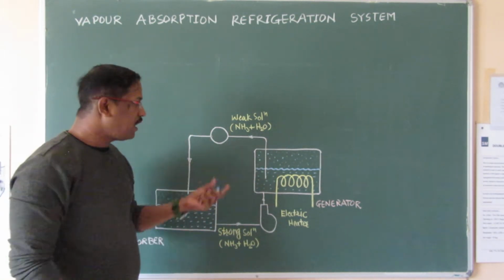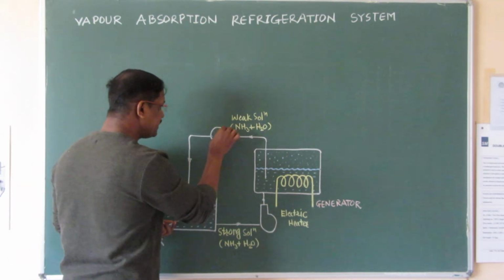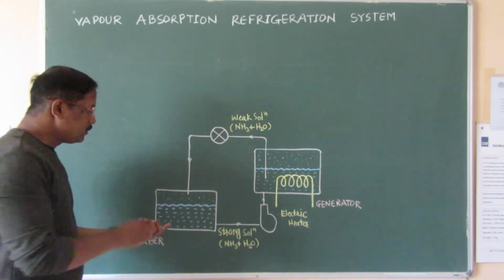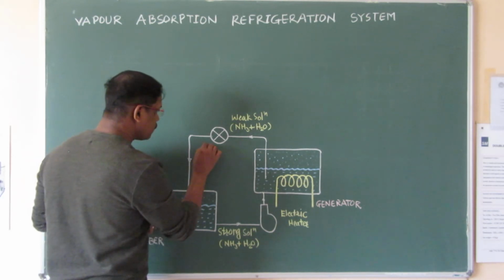So during the supply we have to reduce the pressure. Only then can we supply the weak solution into the absorber. So we have to use a pressure reducing valve.